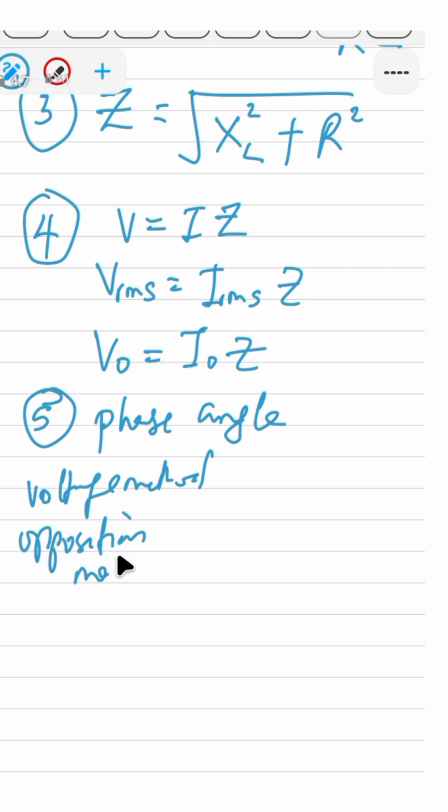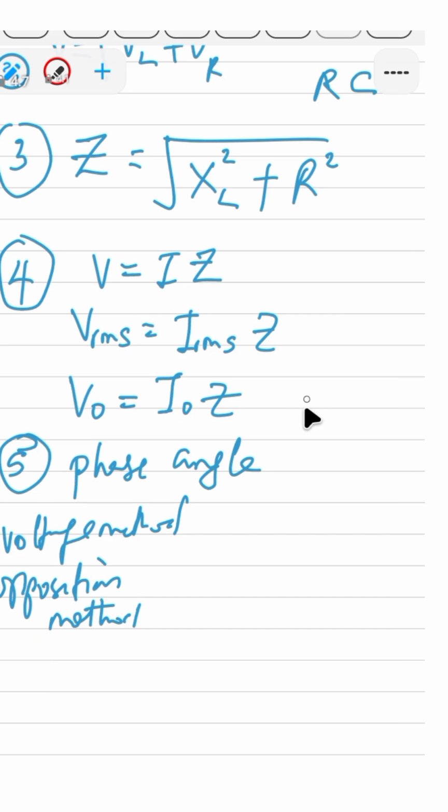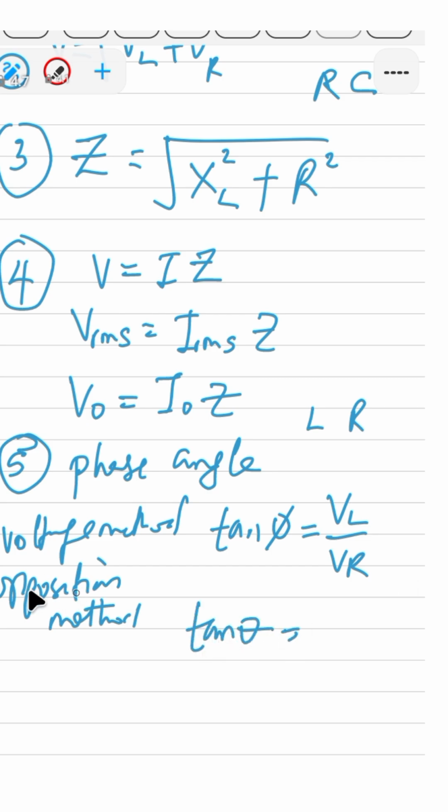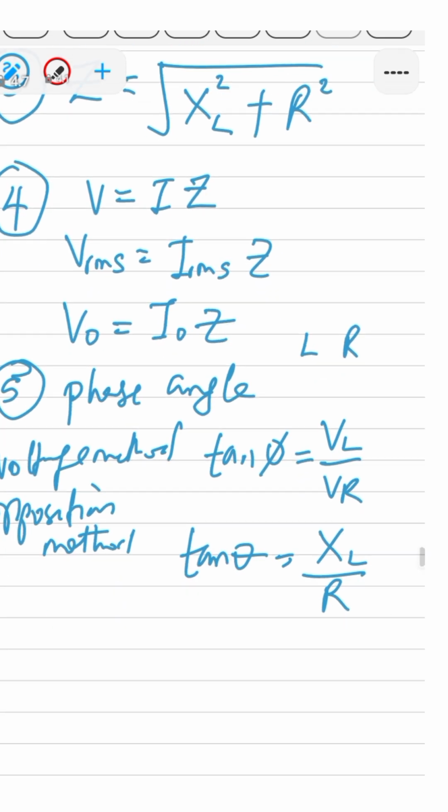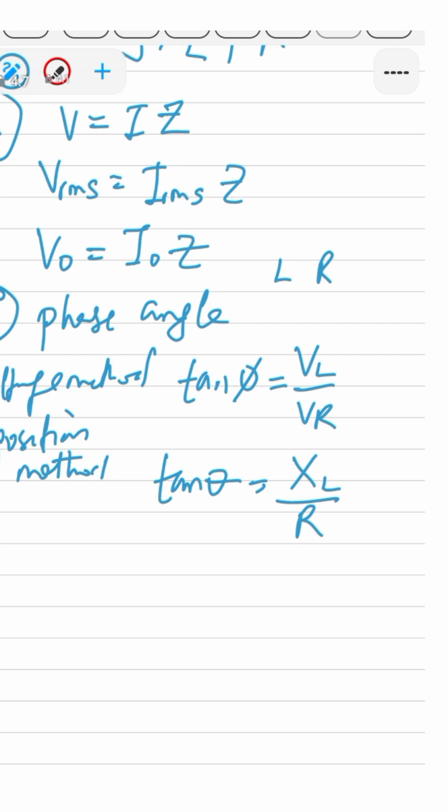So for the voltage method, since I have L and R, I do tan phi equals VL over VR. Anything resistor must be under. That's the voltage method. If I'm using the opposition method, the resistance method, tan phi will be XL over R. The two of them will work. That's your tan phi.